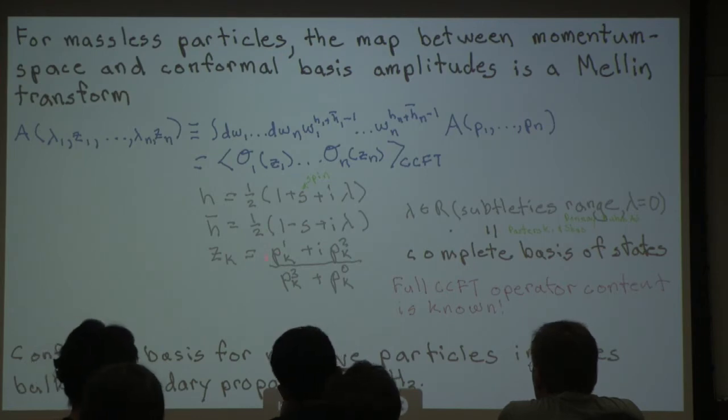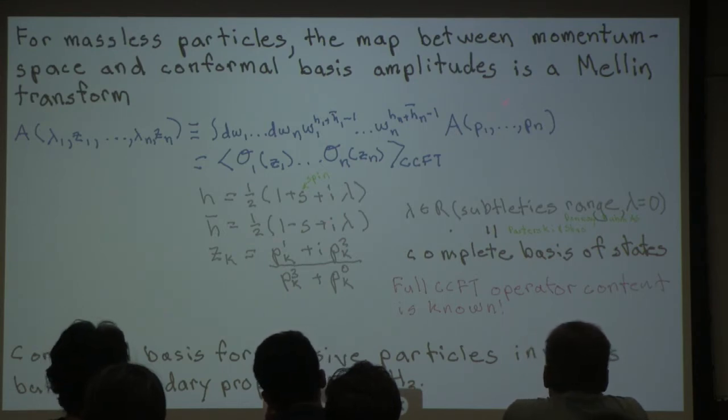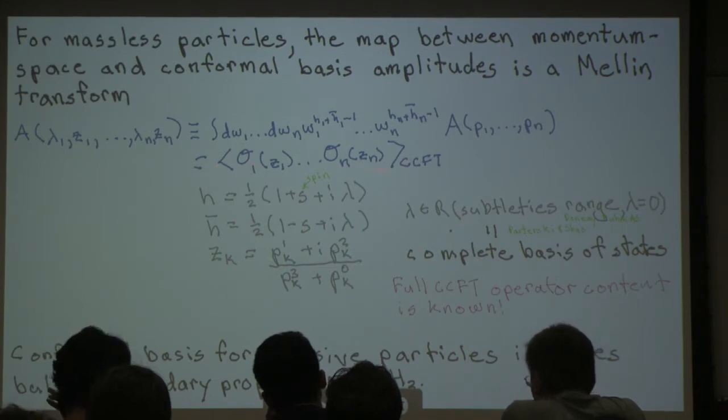And that complex ratio is just the point on the celestial sphere to which the particle is headed. And so you end up with an amplitude where the operators are labeled by their dimensions lambda instead of their energies omega.